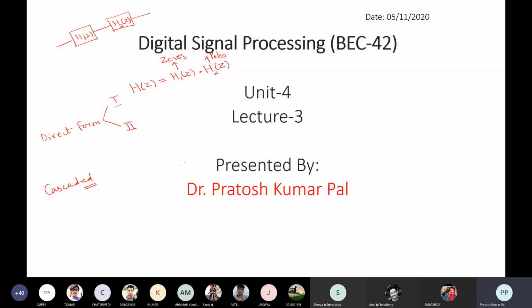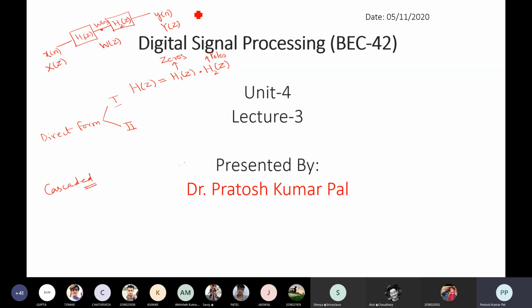and the next will be your H2 of z. Here the input will always be in terms of x of n, and the output will be your y of n, or in terms of z transform we can call it X of z and Y of z. And the intermediate stage after the first block will be represented by w of n, or we call it W of z.